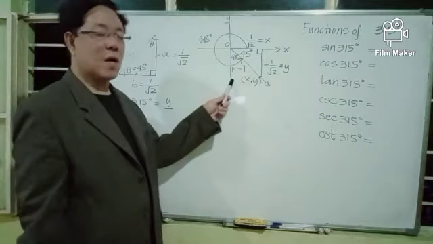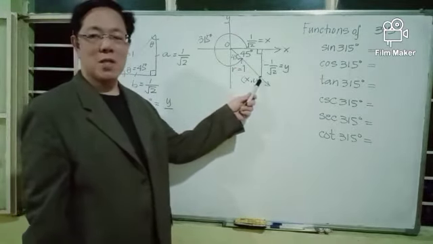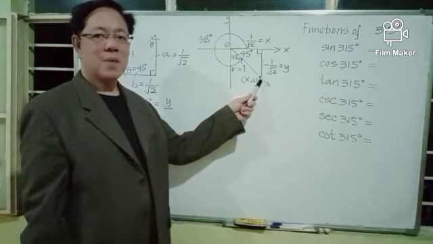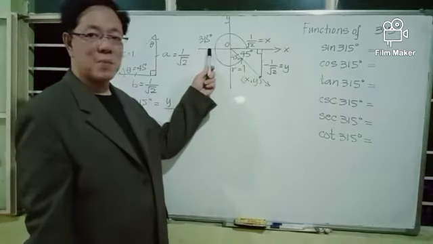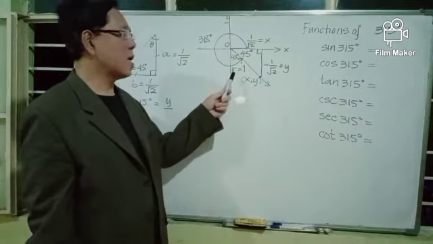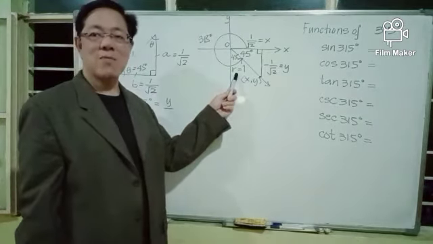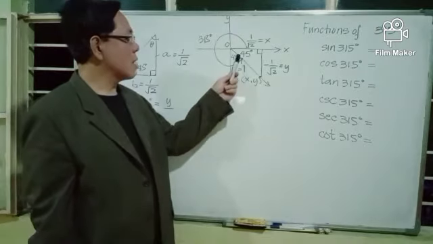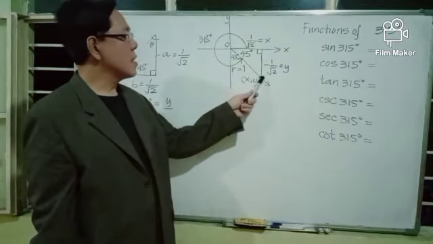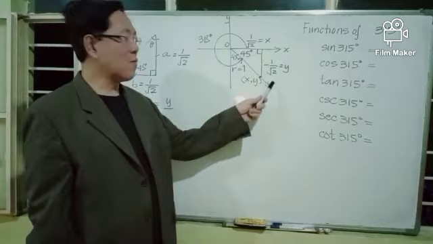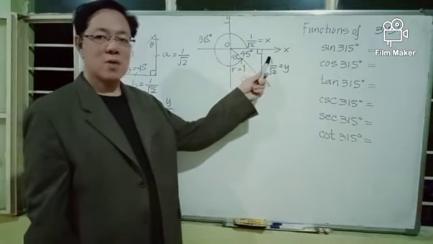The radius vector r is the distance of the point on the terminal side of the angle 315 degrees from the origin, and we take that radius vector as 1 for the special angle 45 degrees. And the congruent sides are equal to 1 over square root of 2 and 1 over square root of 2.